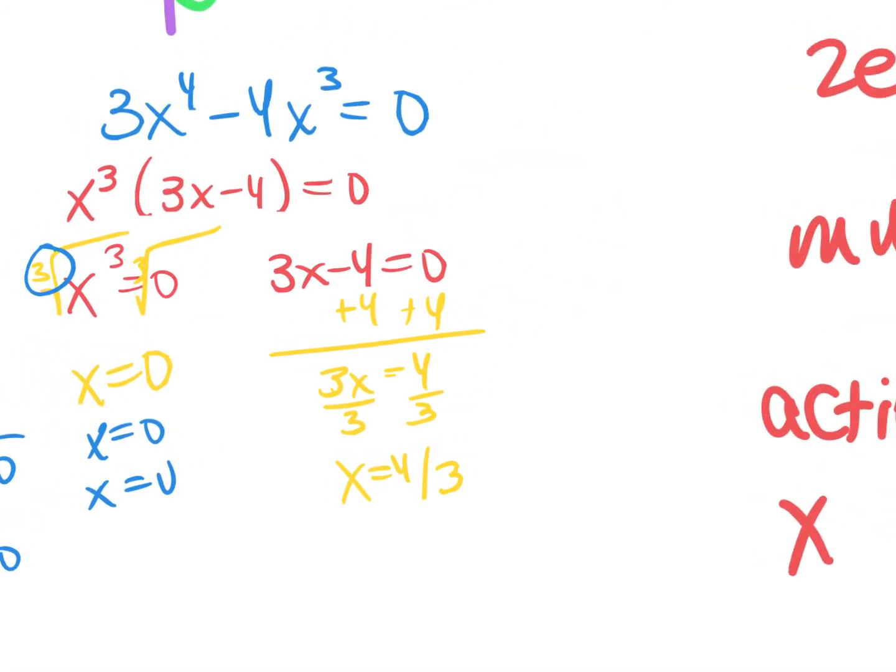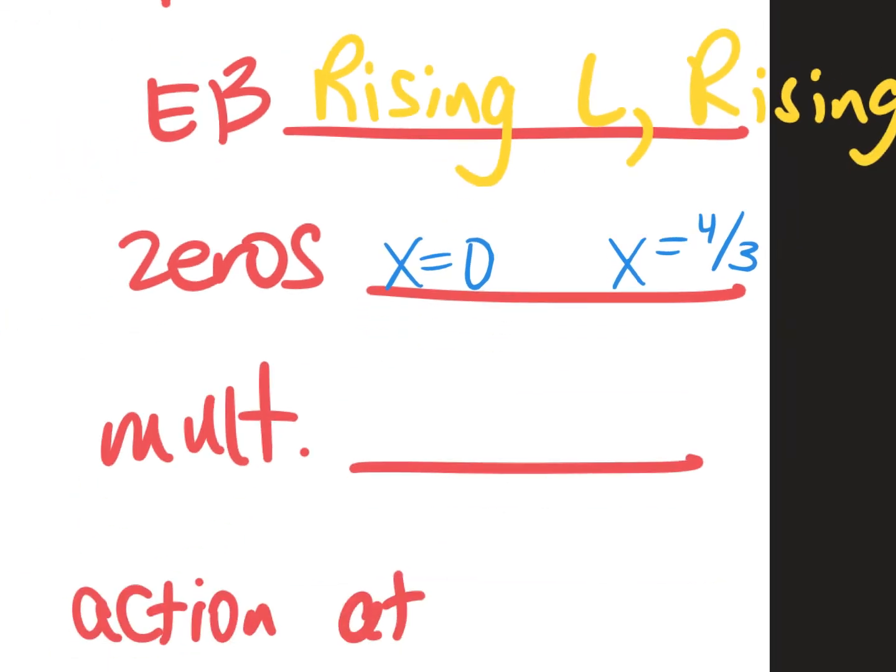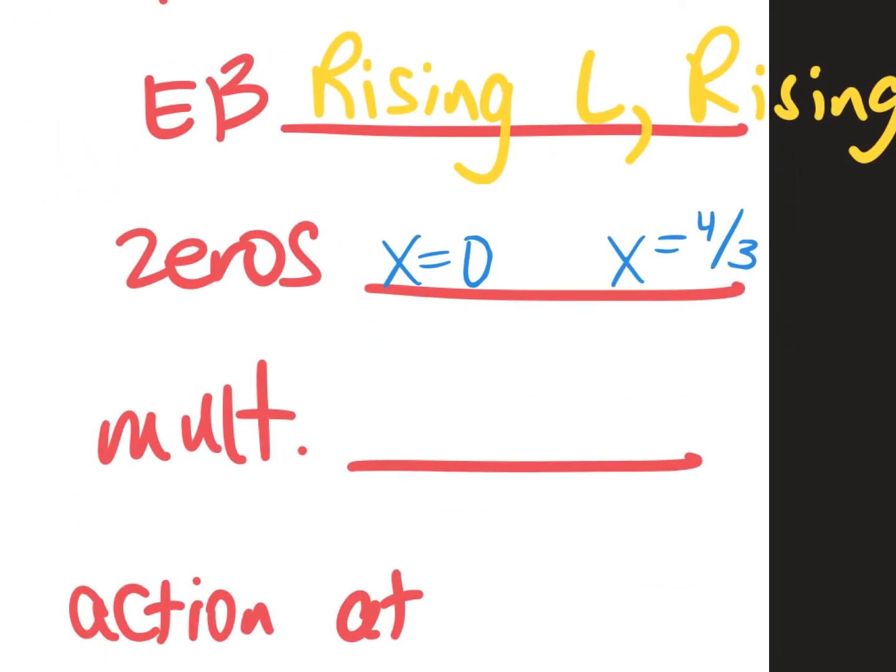So you would state here for your zeros, you would tell me x equals 0, and x equals, was it 4/3 or 3/4? Okay, 4/3. Do you have to write 0 3 times? No. The reason you don't is because the next question is, is there multiplicity, or state the multiplicity? Do we have multiplicity, guys?